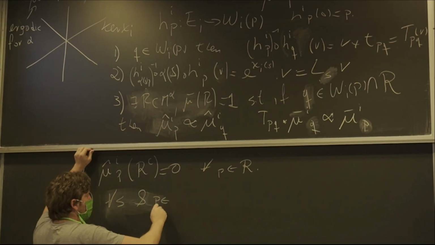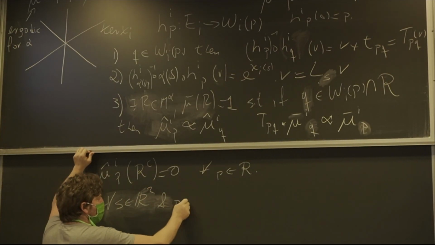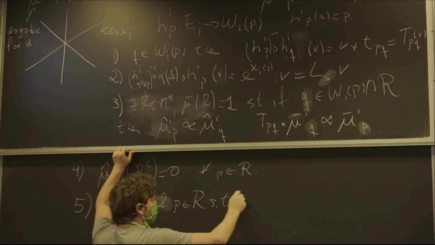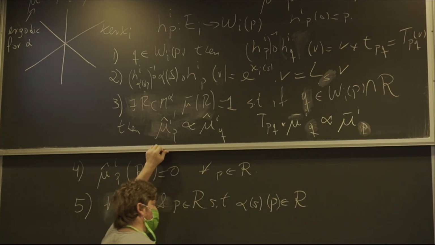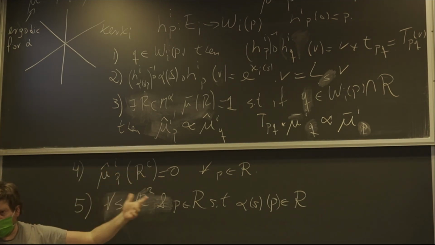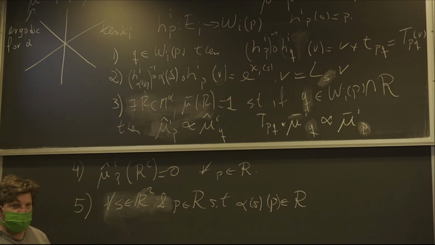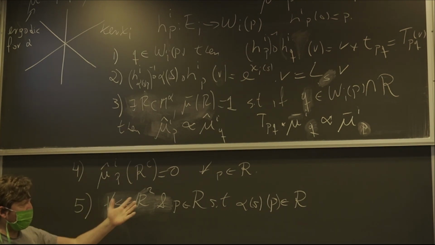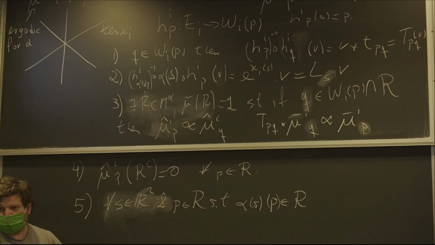and S in R^2 and P in R, such that alpha_S of P also belongs to R. I could assume R is alpha_S invariant for every S, but this amounts to discussing even more ergodic theory, which I don't want. If I had only countably many S to discuss, then it's a triviality because I can take the intersection of all of them. Since there are uncountably many S, I should really work harder, which I don't want to do.